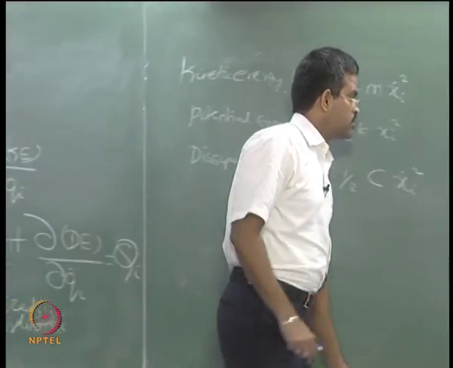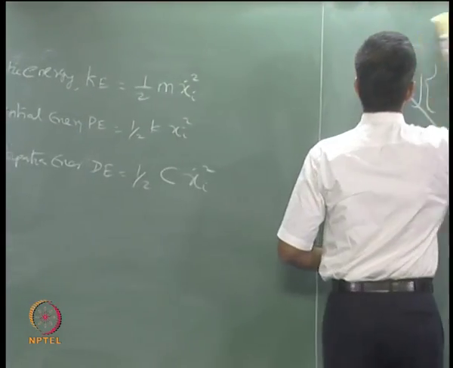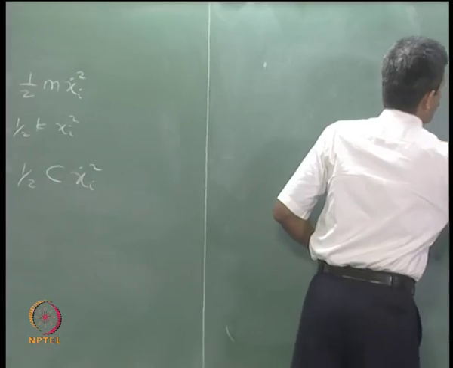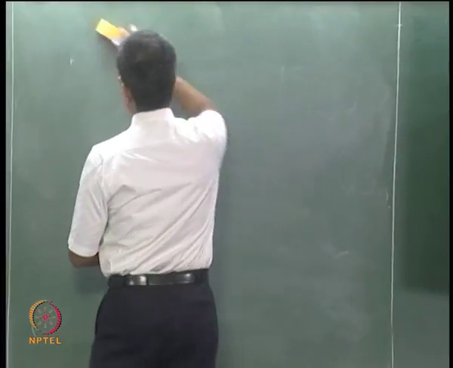Use these expressions now and let us try to write the equations of motion for a 2-degree freedom system as I am going to show you now.